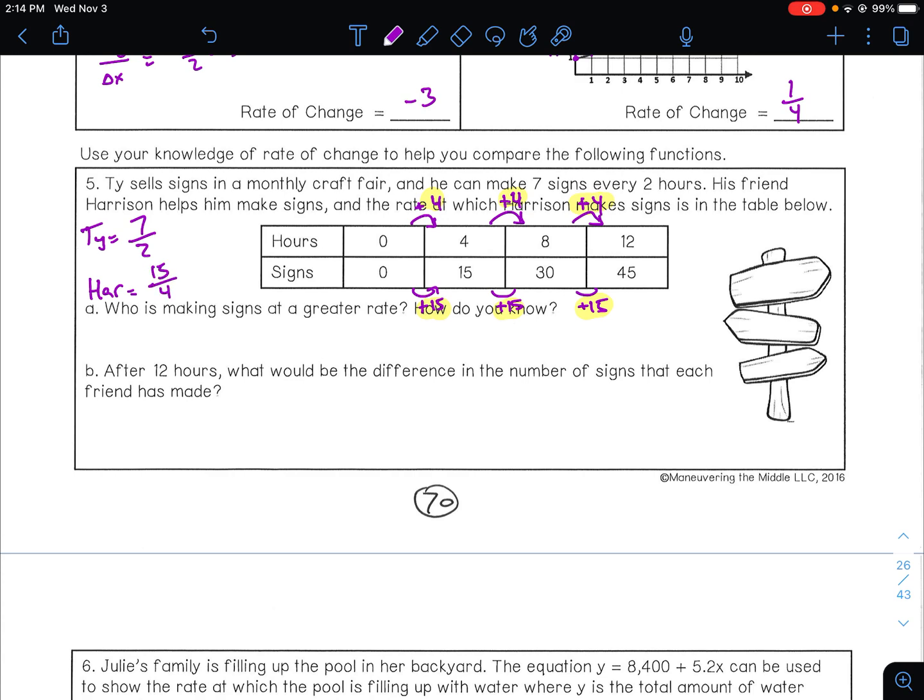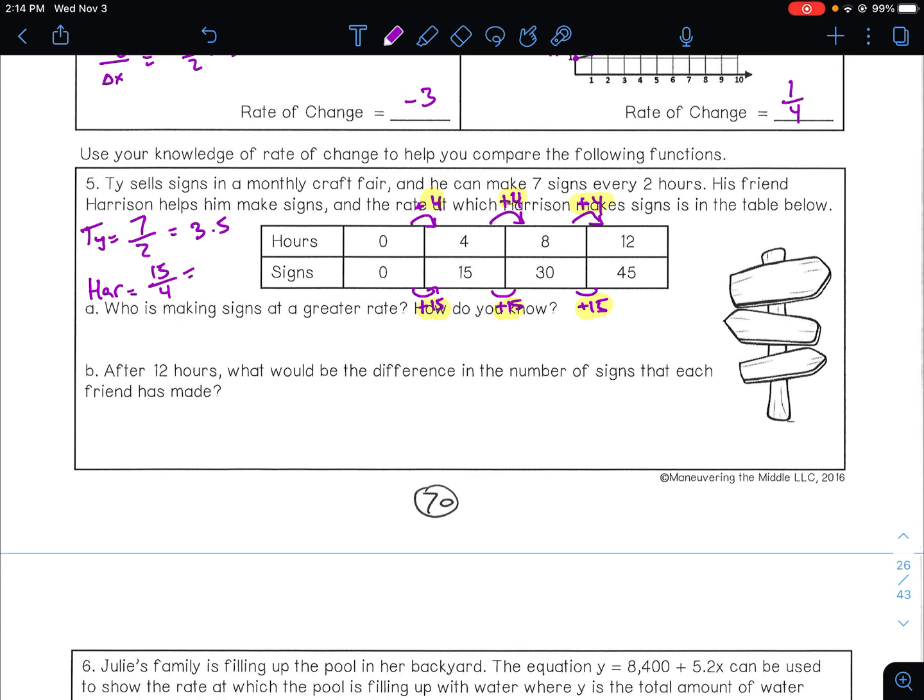15 signs every 4 hours, whereas Ty's is 7 after every 2 hours. Who is making signs at a greater rate, and how do you know? Well, one easy way of doing this is sticking this in your calculator. 7 divided by 2 gives me 3.5, which means he's making 3.5 signs every hour.